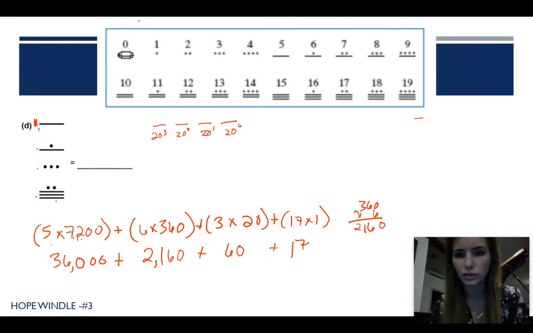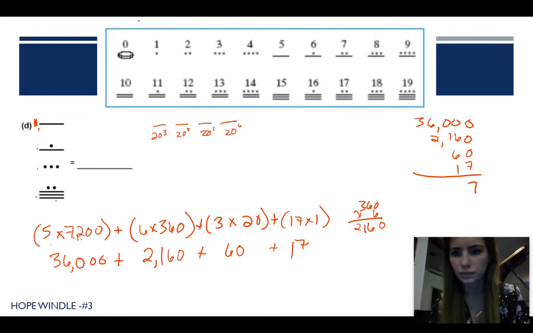Let me hold my screen so it doesn't keep moving. 36,000 plus 2,160 plus 60 plus 17. And now, whenever we add this, since we use a base 10, we're going to use what we call carry, or it's actually just an exchange. We're going to exchange one value for another.